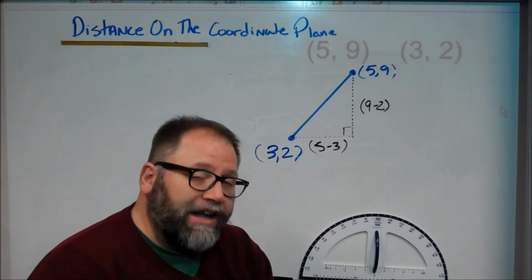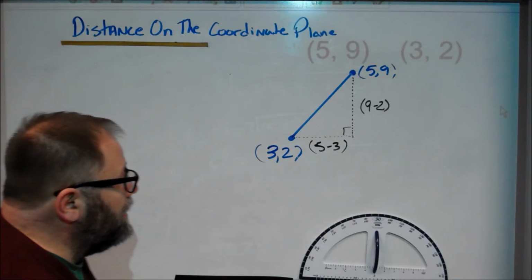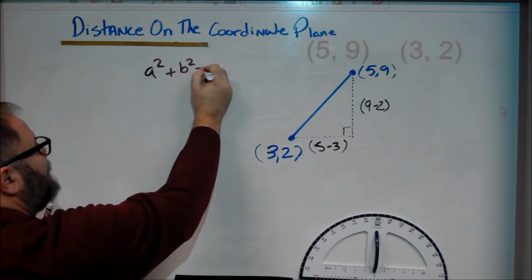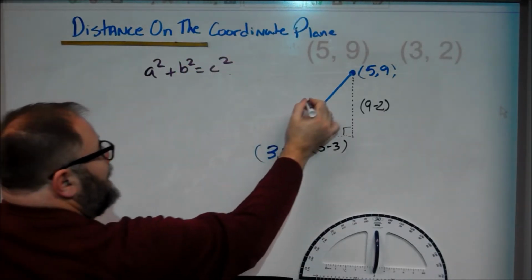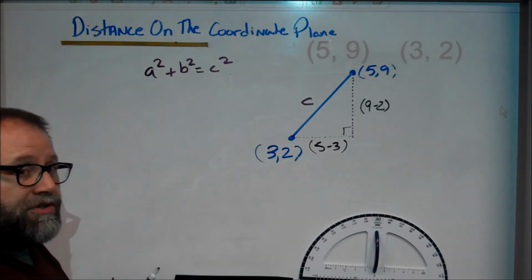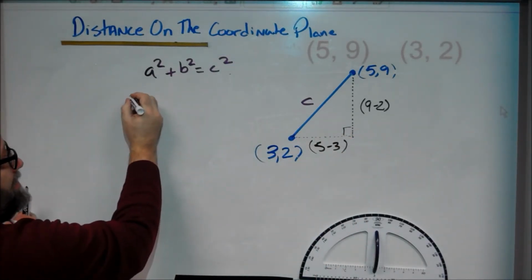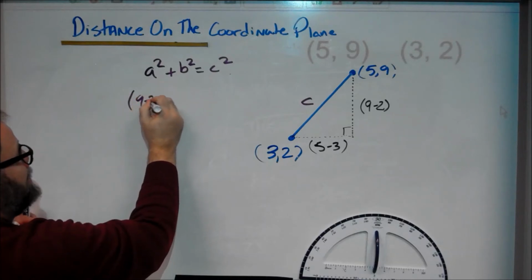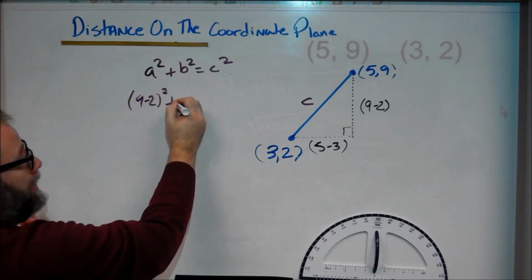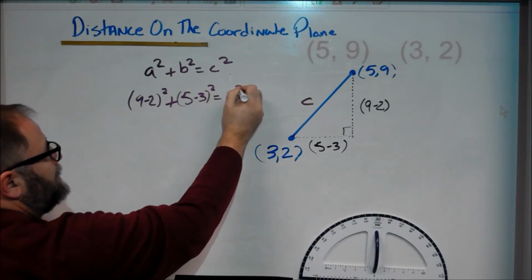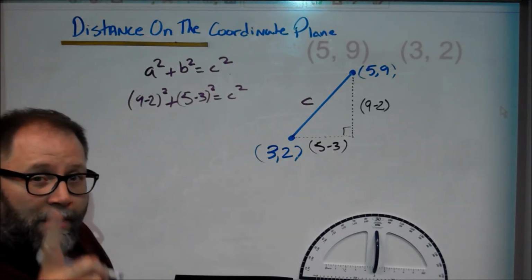So now I'm going to go back and let's look at Pythagorean theorem. A squared plus b squared equals c squared. We do not know c. So let's put our legs into this and say 9 minus 2 squared plus 5 minus 3 squared equals c squared. Now remember that formula.